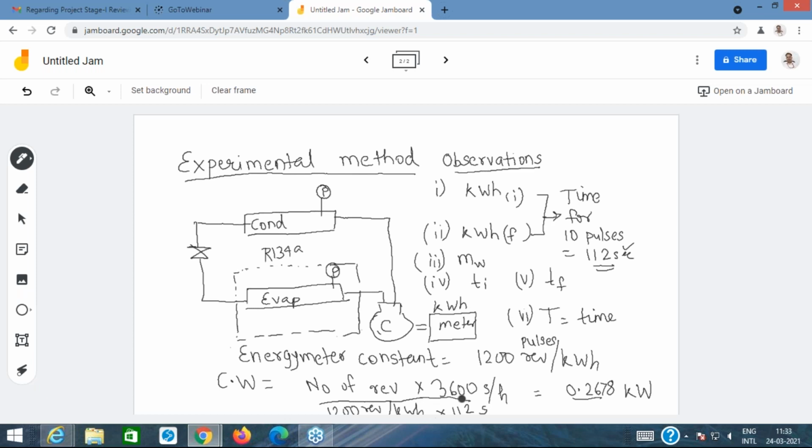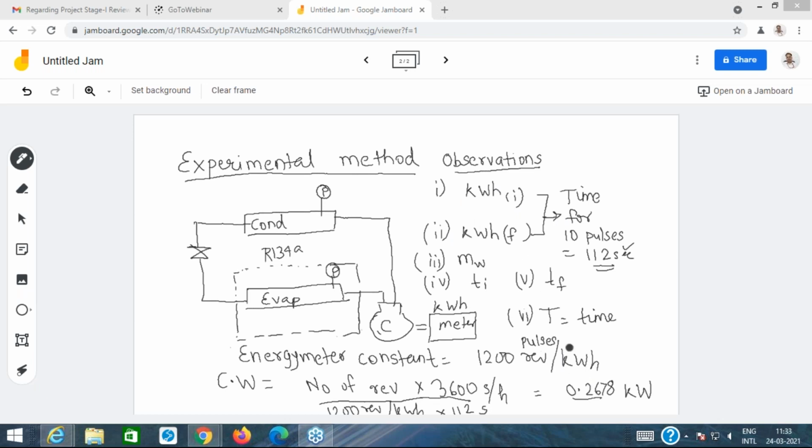The measurement and calculation of power consumption. What do you do for measuring the power consumption? We note down the time for 10 pulses, and in our lab, when we took the readings last time, we got the time for 10 pulses as 112 seconds. I told you that the other method is you take the initial kWh reading and the final kWh reading and the duration of that.